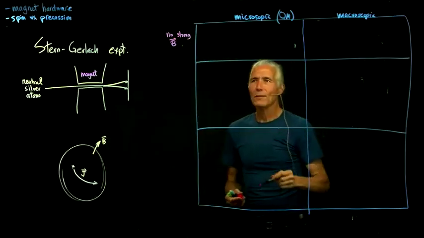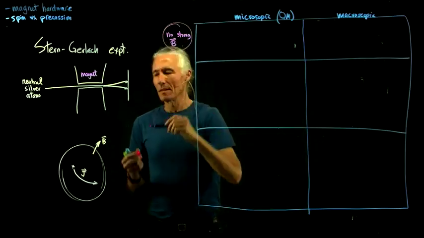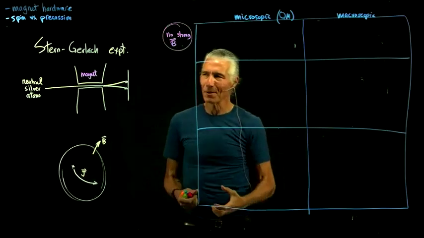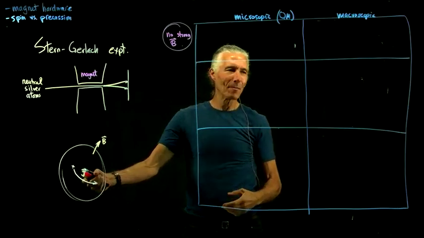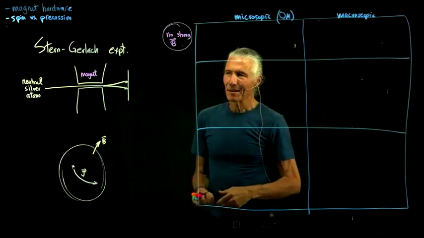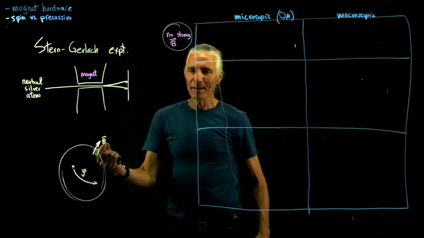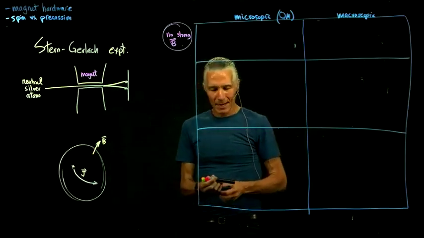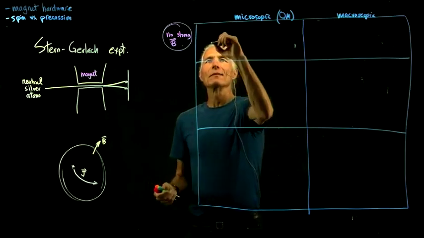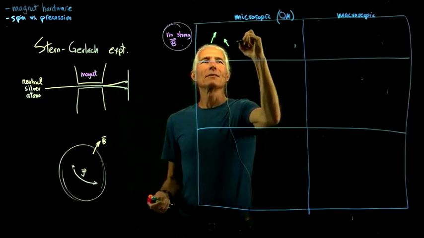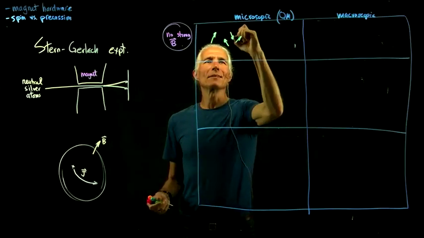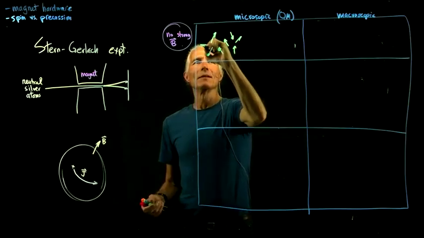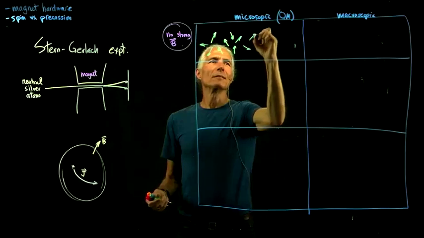If there's no strong B field, these guys are still spinning. They're quantum. They always have the same amount of spin. They always have the same little refrigerator magnet. And all those refrigerator magnets are pointing in different directions. If you have a piece of gelatin or a piece of brain, they're all the same length, but they're pointing in random directions.